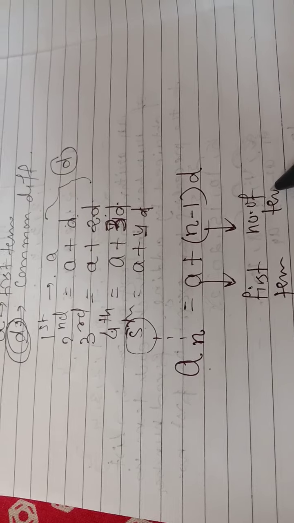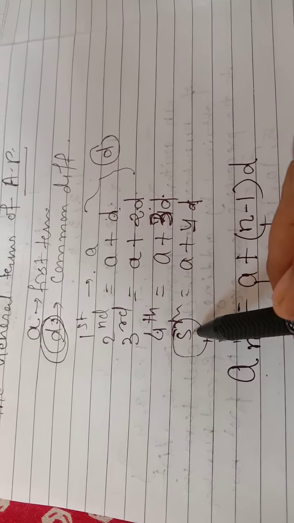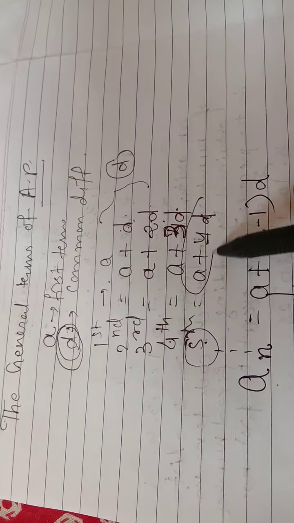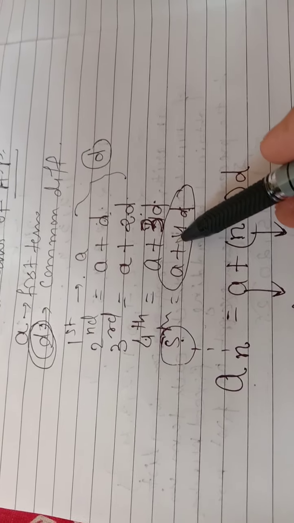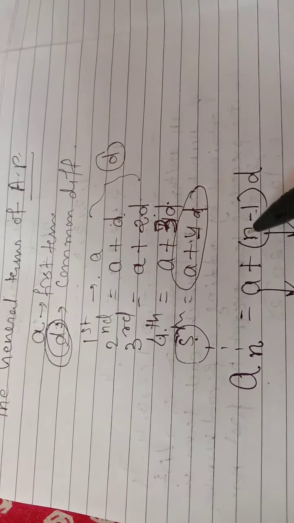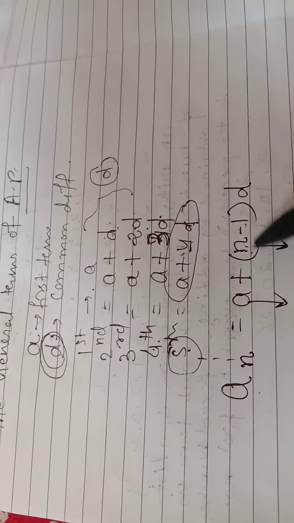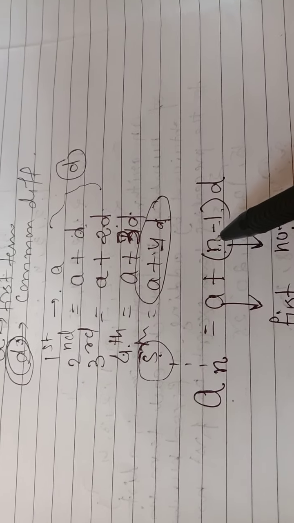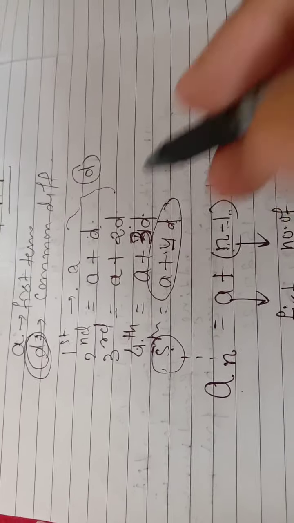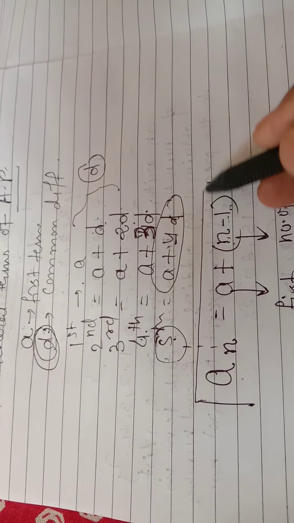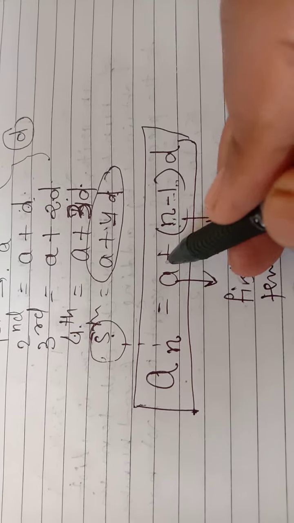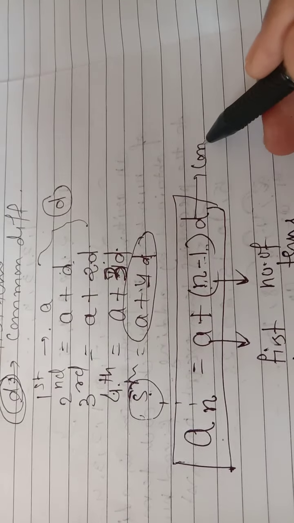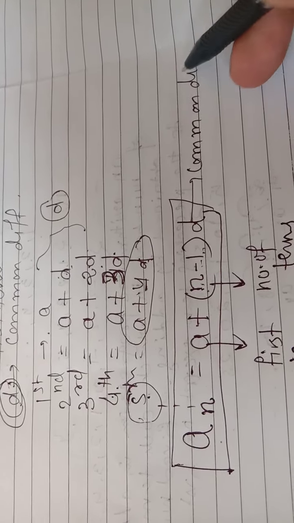For the fifth term, A plus 4D: putting 5, 5 minus 1 gives 4. For the fourth term, 4 minus 1 is 3. So 1 is subtracted from the given term number. The formula for n terms is An is equal to A plus n minus 1 into D, and D is called the common difference.